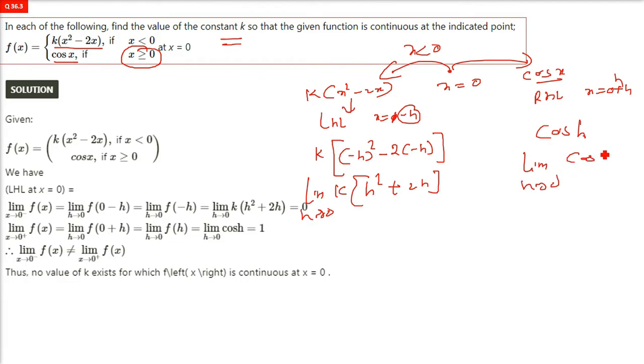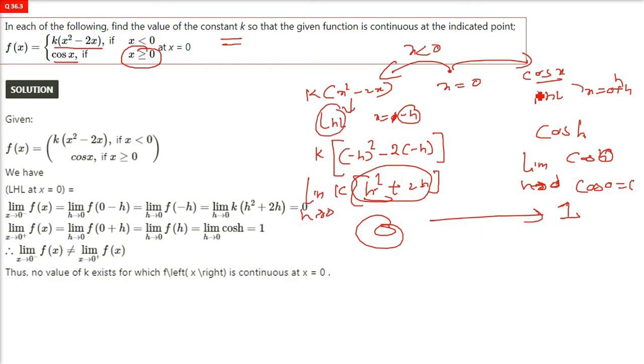On right hand side cos h, see left hand side I told you h is 0. So anything you multiply with 0 you get 0. But right hand side when you apply h as 0, cos 0 is 1. So the left hand limit and right hand limit, they are not equal. So when the LHL and RHL are not equal, there is no question about the continuity because it is discontinuous, right?